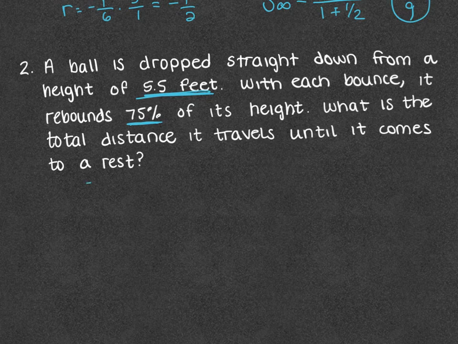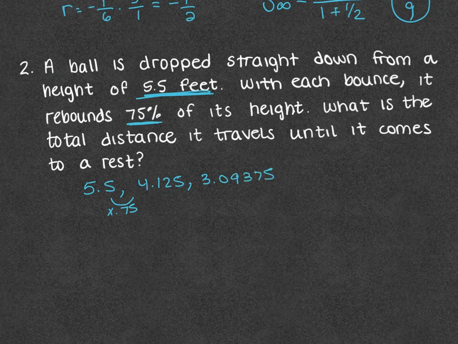So we're starting with 5.5 feet, and then we know it's going to rebound to 75% of its height. So we're going to multiply by 0.75, which is 4.125. And we could do that again to get the third term, which would be 3.09375.